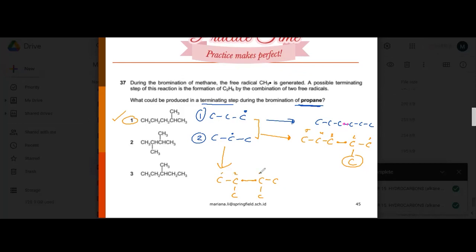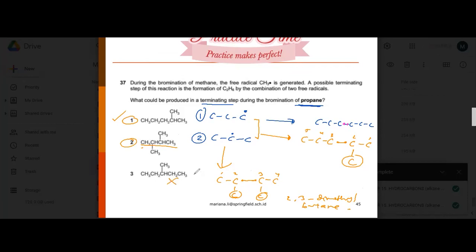1, 2, 2, 3. I mean 2,3-dimethylbutane will be formed. You can see that this is 2,3-dimethylbutane. What is this? 1, 2, 3, 4, 5. 1, 2, 3. Is it possible to produce this?